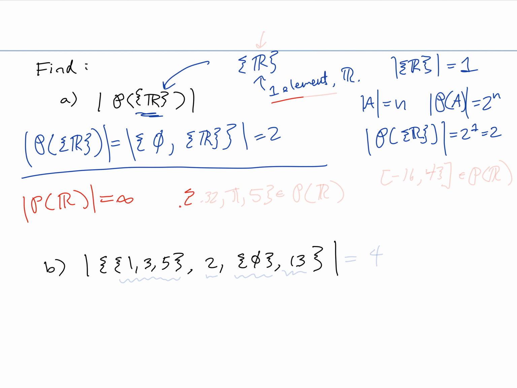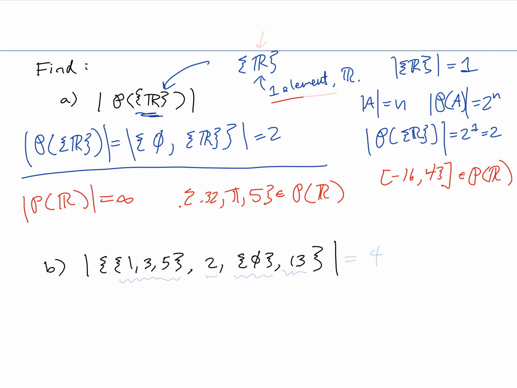So, let's say the set {0.32, pi, 5}, that would be an element of the power set of the real numbers, the set of all subsets of the real numbers. The closed interval from -16 to 43 would be an element of the power set of the real numbers.